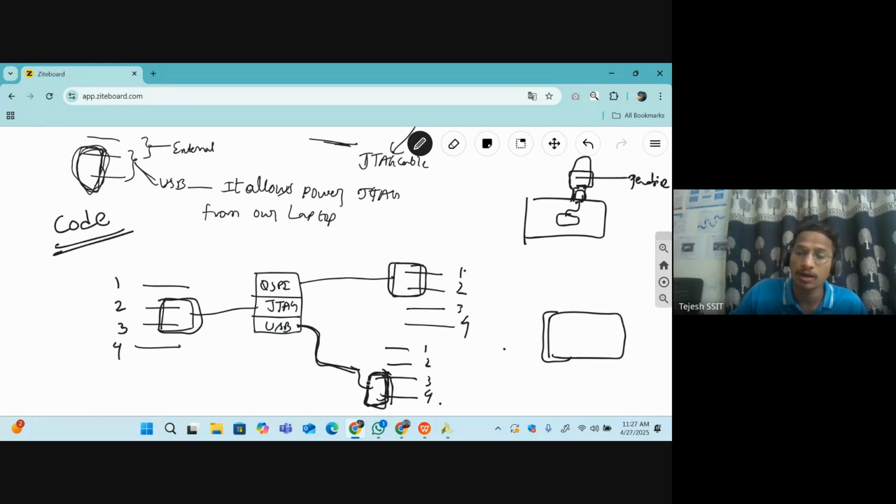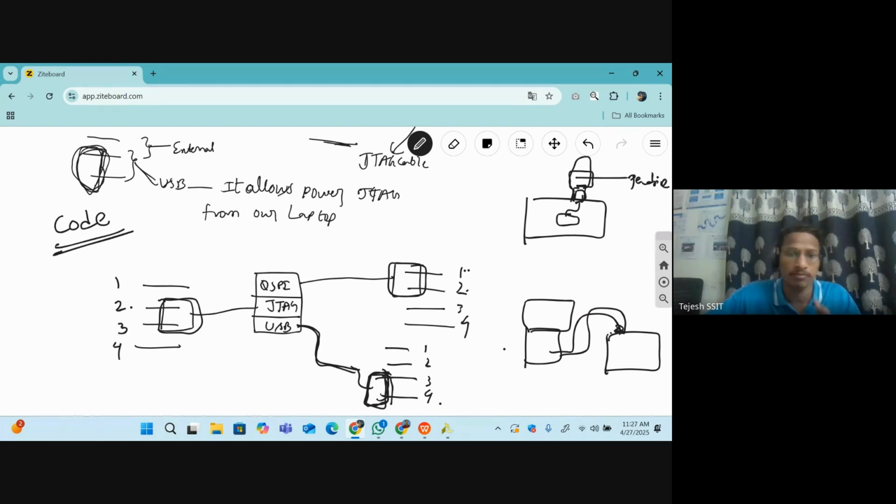But if you connect 1-2 or 2-3, it will allow the laptop code. This is for code, not for the power.